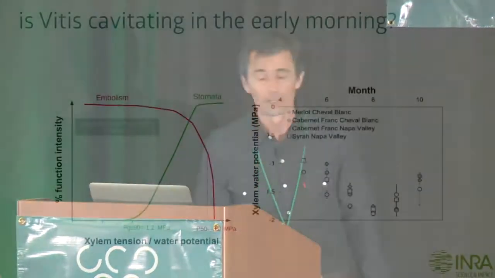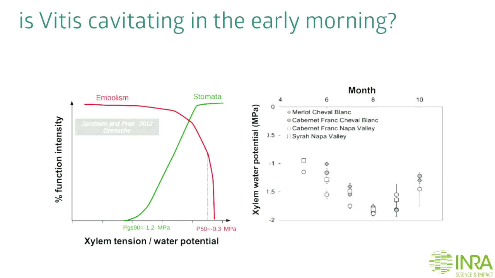However, the controversy keeps going. Here you have results coming from California in 2012, where the picture that the scientists Jacobsen and Pratt have described is extremely worrisome. Why? Because they show you that as stomata close, already as early as -3 bar, we've reached cavitation.